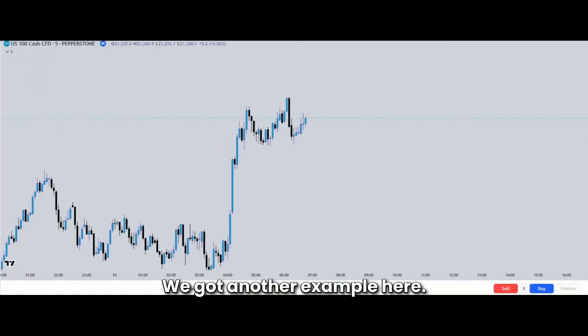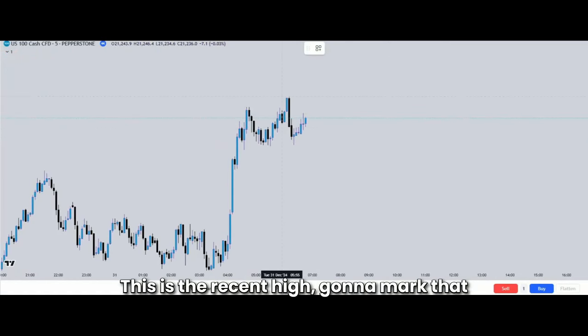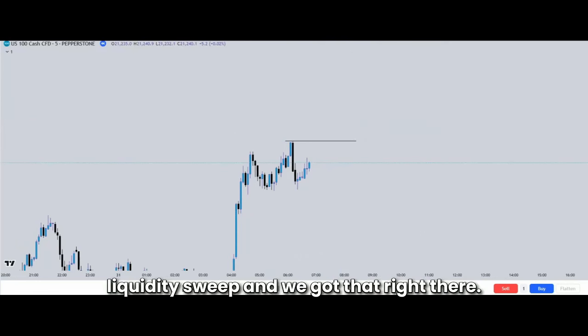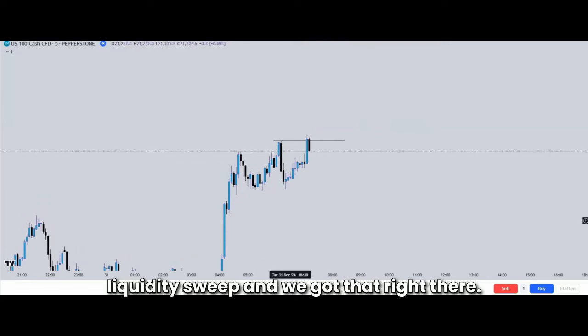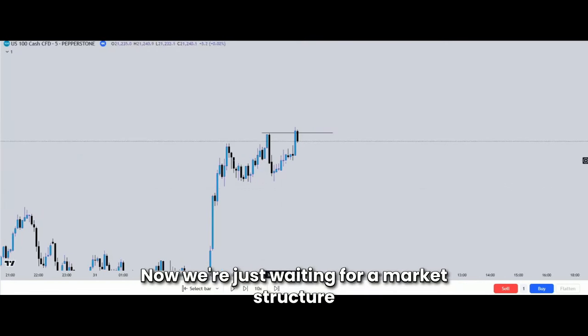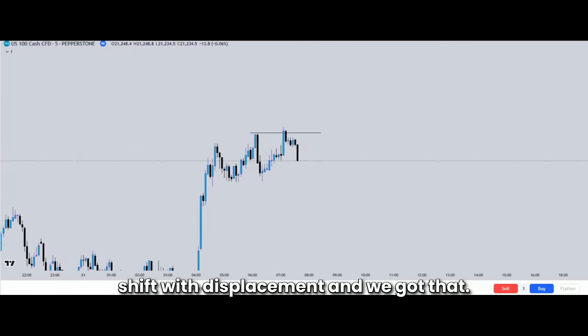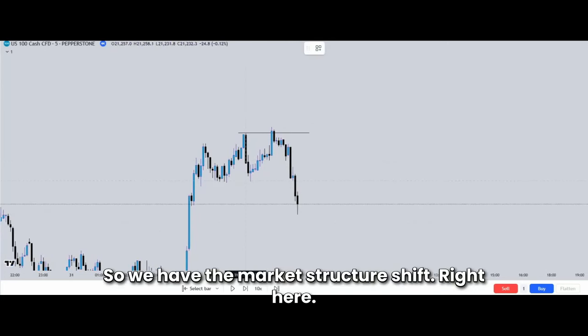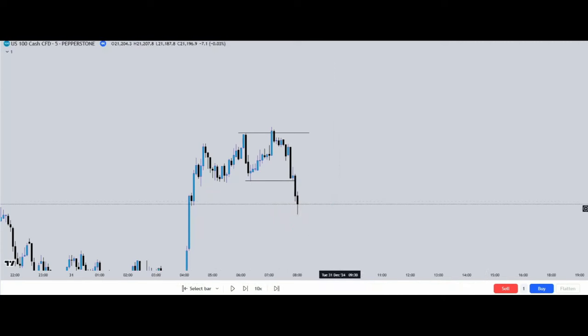We got another example here. This is the recent high. I'm gonna mark that out. And then we're gonna wait for a liquidity sweep. And we got that right there. Now we're just waiting for a market structure shift with displacement. And we got that. So we have the market structure shift right here.